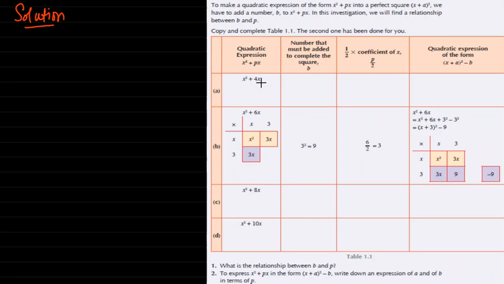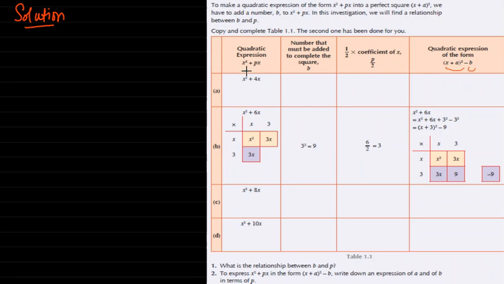Okay, it means what expression I can add in this equation so that I can complete the square in the form a plus b whole square, like this is given, b whole square, and then I am also able to calculate the value of b as well, right?